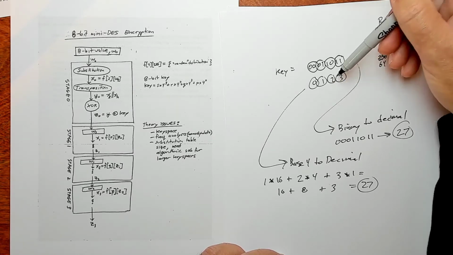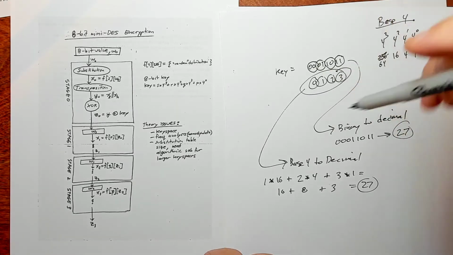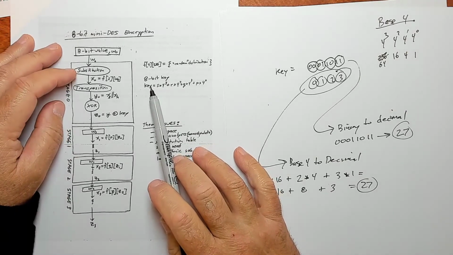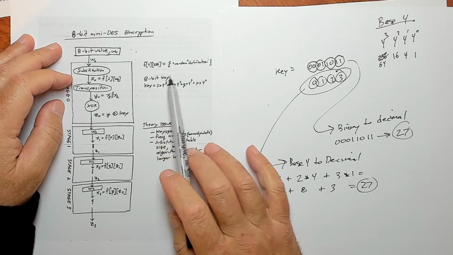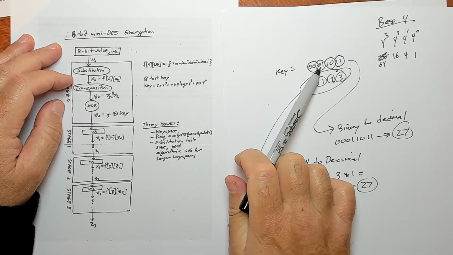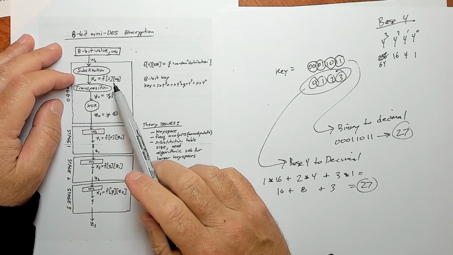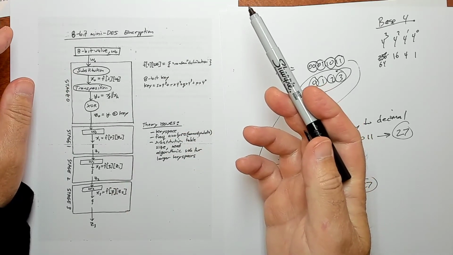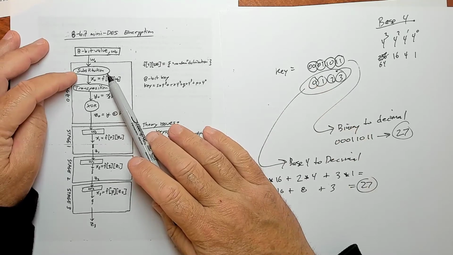This is all I really want. I'm just trying to say you can group the bits in the 8-bit number into pairs of 2, and then you can use those as indexes into a table for the substitution. Okay, so look here for the substitution.